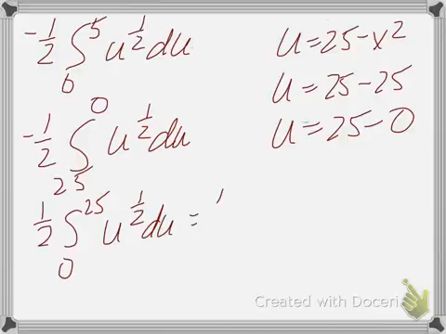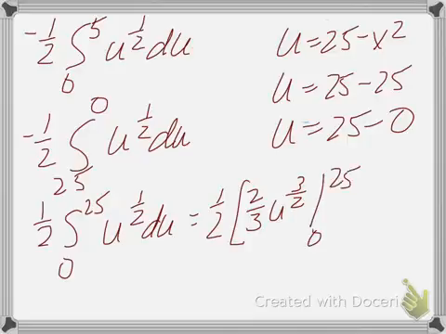Okay, so now we'll find the antiderivative. u to the 3/2 over 3/2, which is the same thing as multiplying by 2/3, as it goes from 0 to 25. So when you put 0 in there, you're just going to get 0.